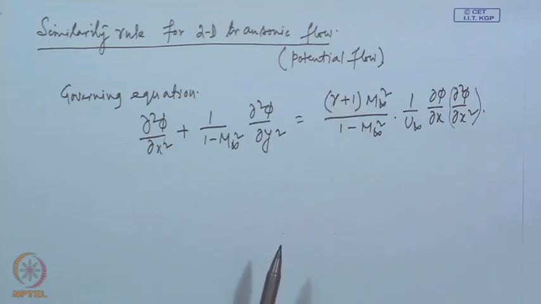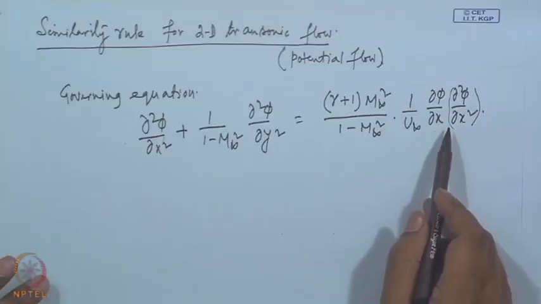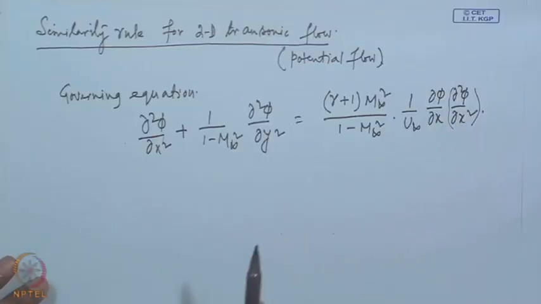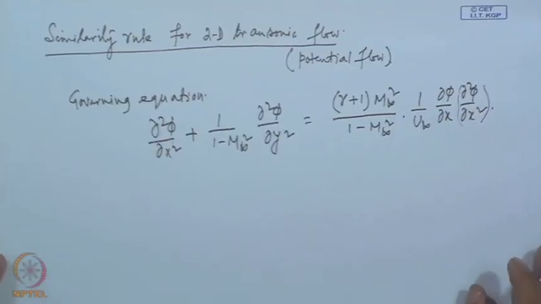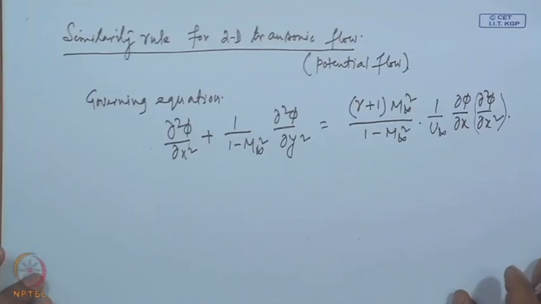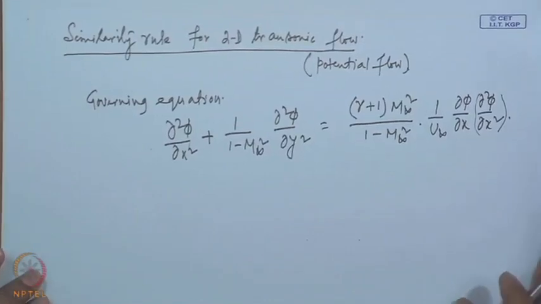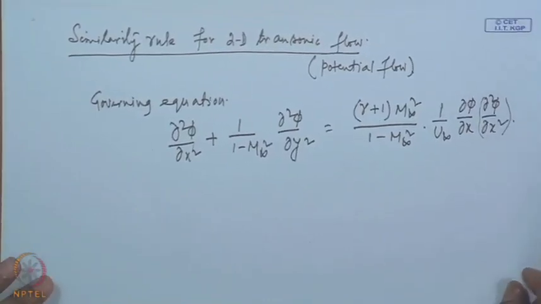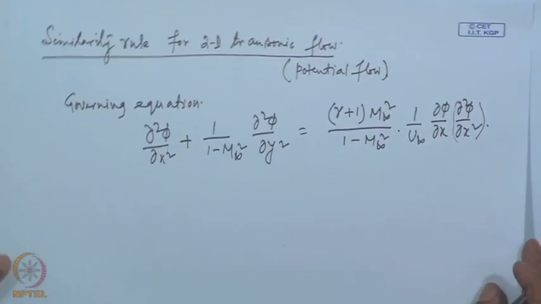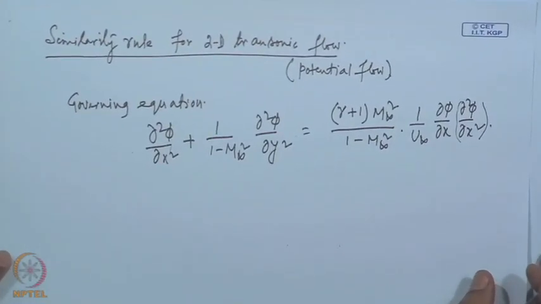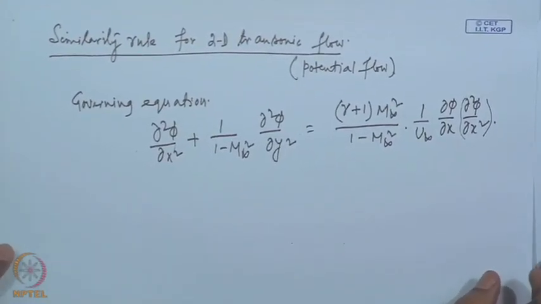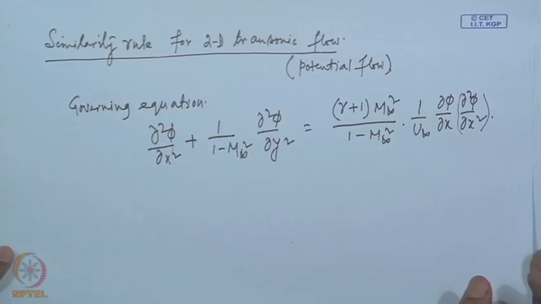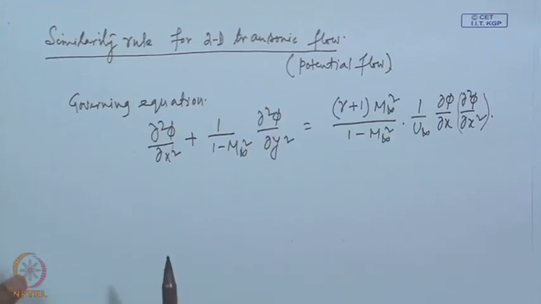This is true when m infinity is close to 1. Consequently, we see the equation is nonlinear here and closed form solution is not readily available. So, in this case this similarity rule will have much more usefulness than in case of subsonic and supersonic flow.